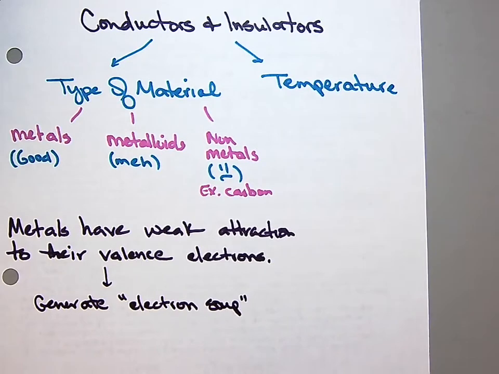In a big block of metal, those electrons are so weakly attracted to their nucleus that we don't even associate this electron with this atom or that atom. The electrons just float around. In our best conductors, that's what we see, the electrons just kind of doing whatever they want.